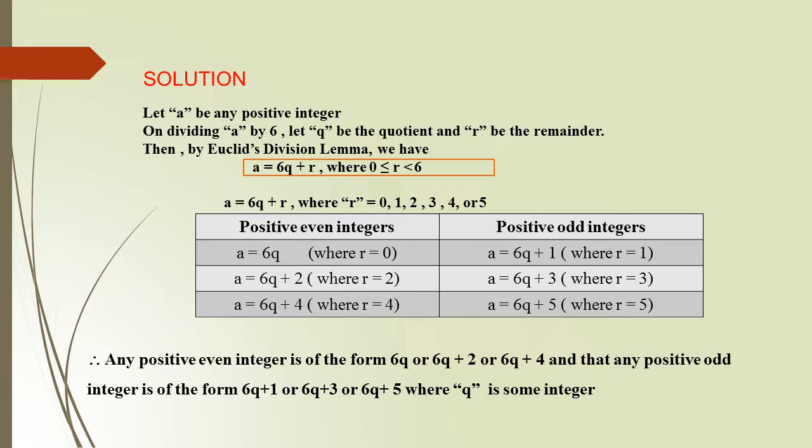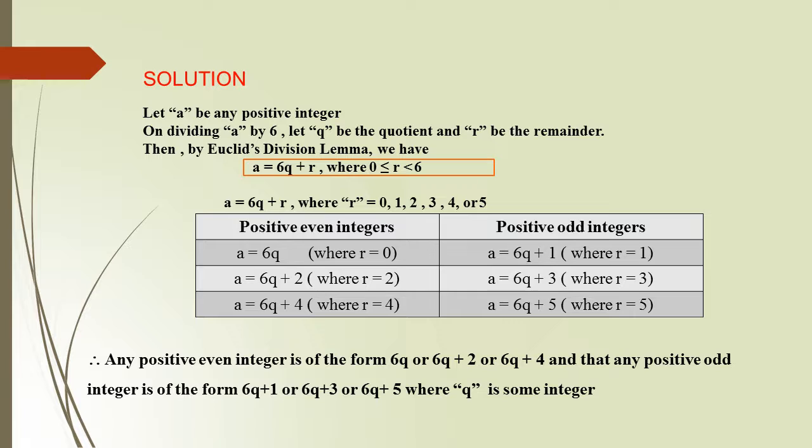By our thumb rules, 6q is a positive even integer, 6q + 2 is a positive even integer, and 6q + 4 is a positive even integer. So we have divided positive even integers and positive odd integers in a tabular form.